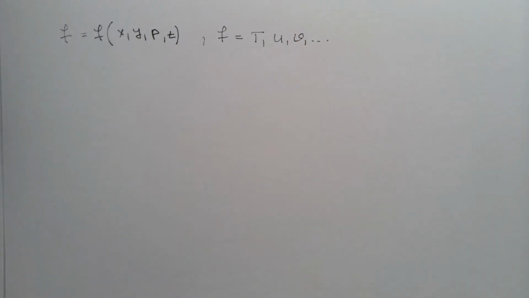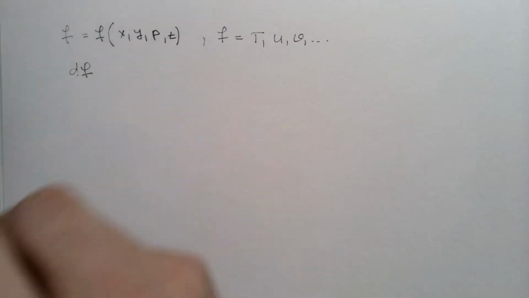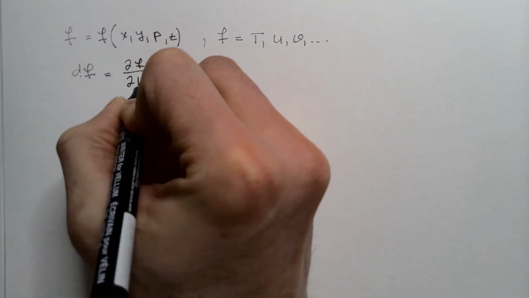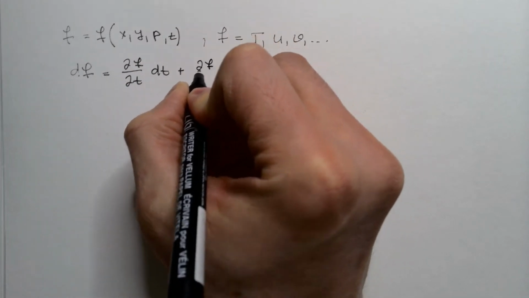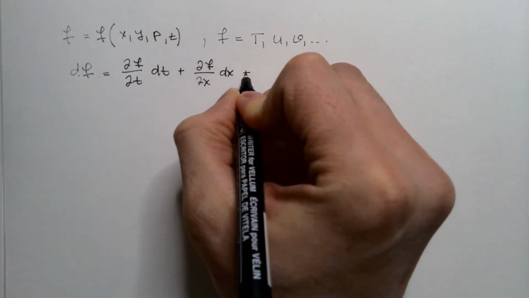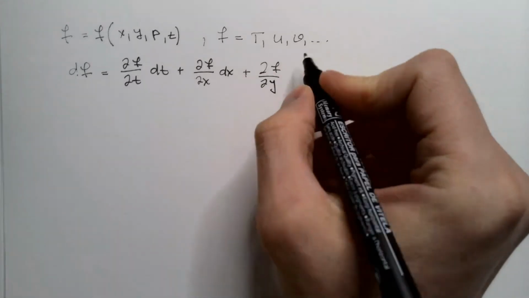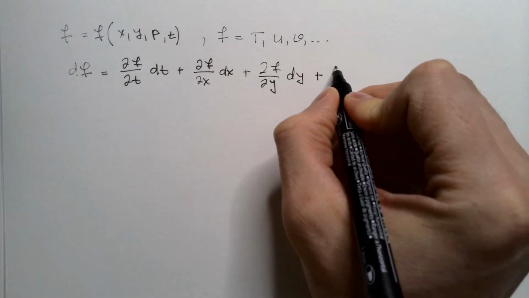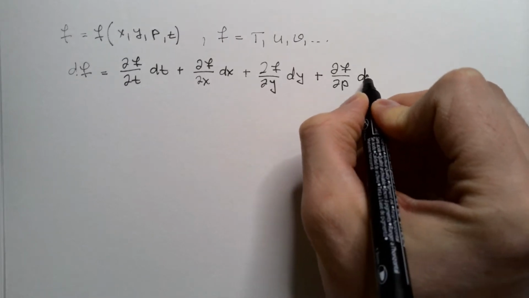Total derivative of this function f is df equals ∂f/∂t dt plus ∂f/∂x dx plus ∂f/∂y dy plus ∂f/∂p dp.